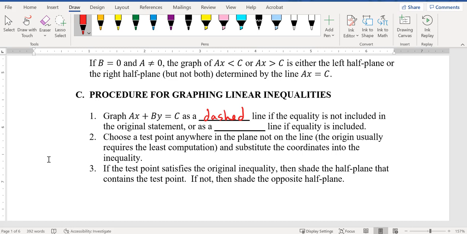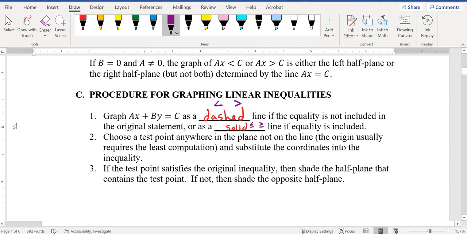In other words, it's dashed if it's either just this or just that. Or you're going to graph it as a solid line if the equality is included. So if you have less than or equal to or greater than or equal to, it's a solid line.